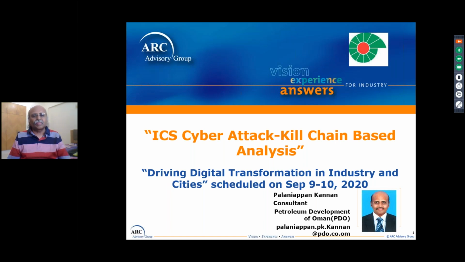When they come through IT, they have to plan many more things apart from the initial attack steps. So this presentation mainly elaborates all those attack steps, and then maps them to a couple of attacks that have already happened in the industry.